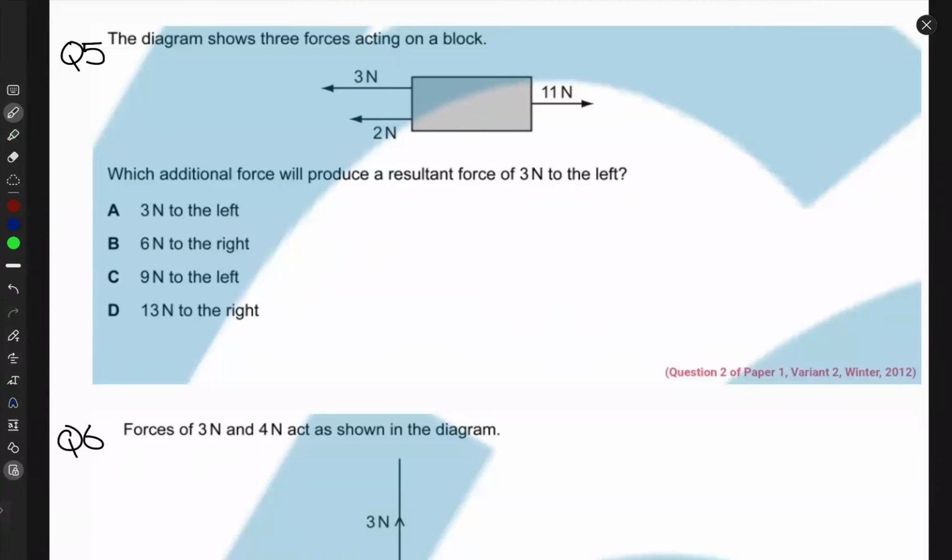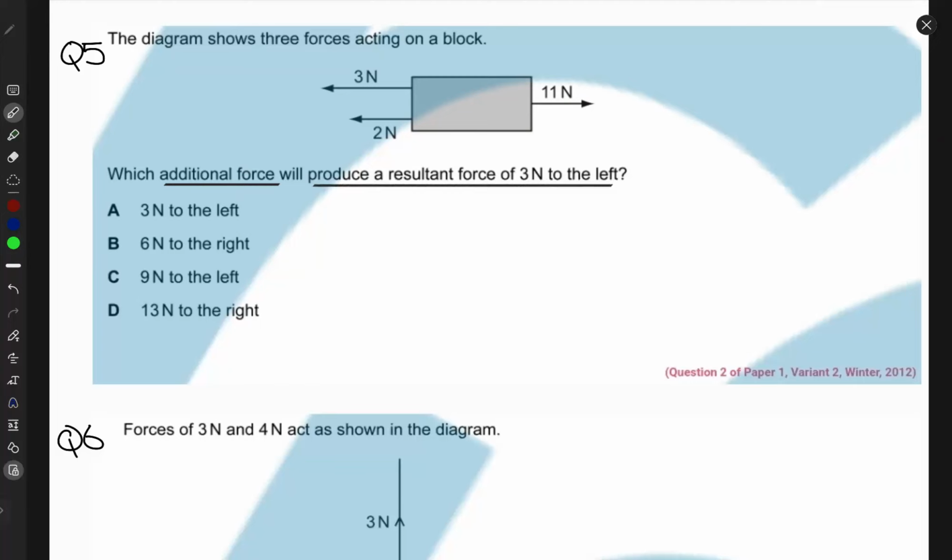Yes. All right. So here we have a question that says that the diagram shows 3 forces acting on a block. So here we have a block, and there are 3 different forces on this block. Which additional force, so I need another force on this, will produce a resultant force of 3 newtons to the left.